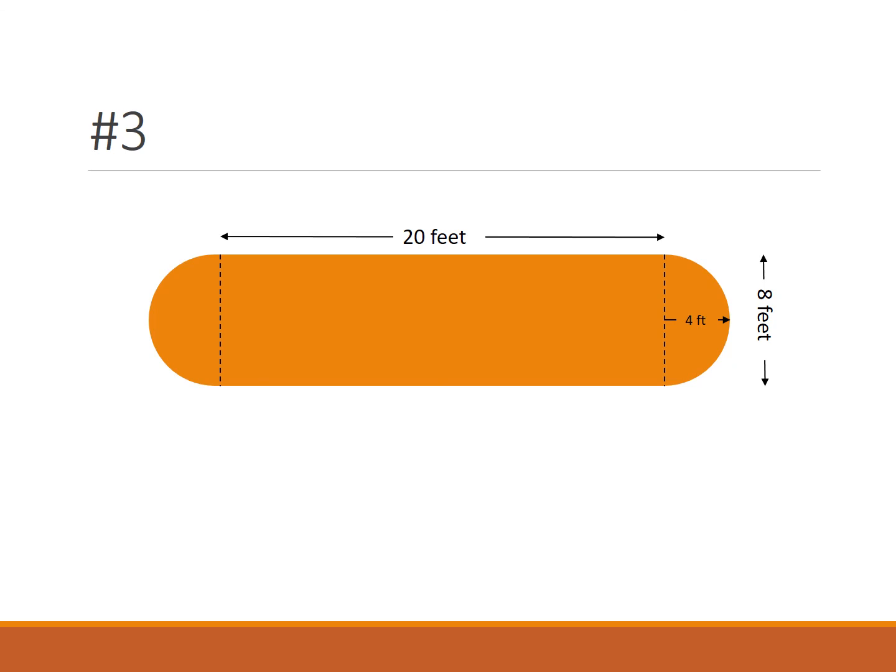Question number 3. Here is the bed, and if you look at the bed you can see it's made up of different geometric shapes. We have a rectangle in the middle of the bed, and then on the ends of the bed we have 2 half circles. We want to plant perennial sage at a 15-inch spacing in the rectangular part of the bed.